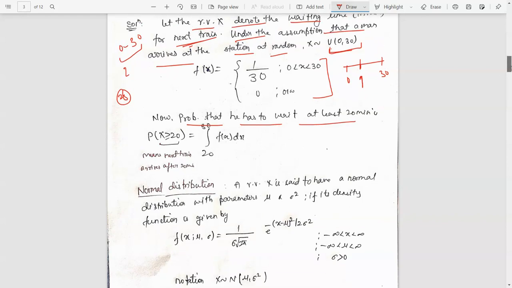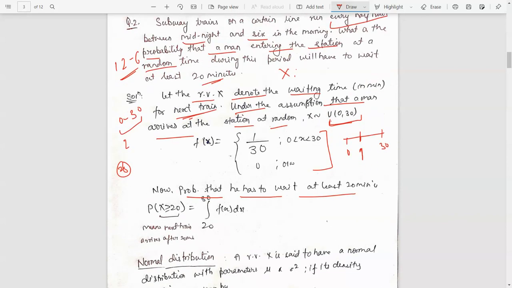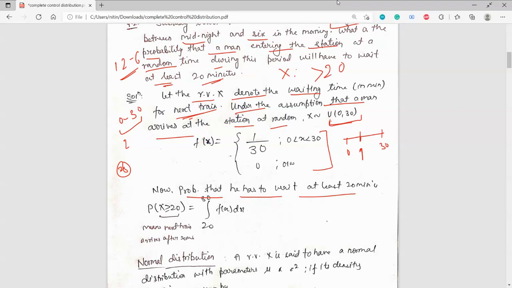Because x is the time until the next train comes, it is asking that the person has to wait at least 20 minutes. He will wait 20 minutes or more. So we have to find the probability that the train is going to come after 20 minutes, meaning the waiting time should be greater than or equal to 20.